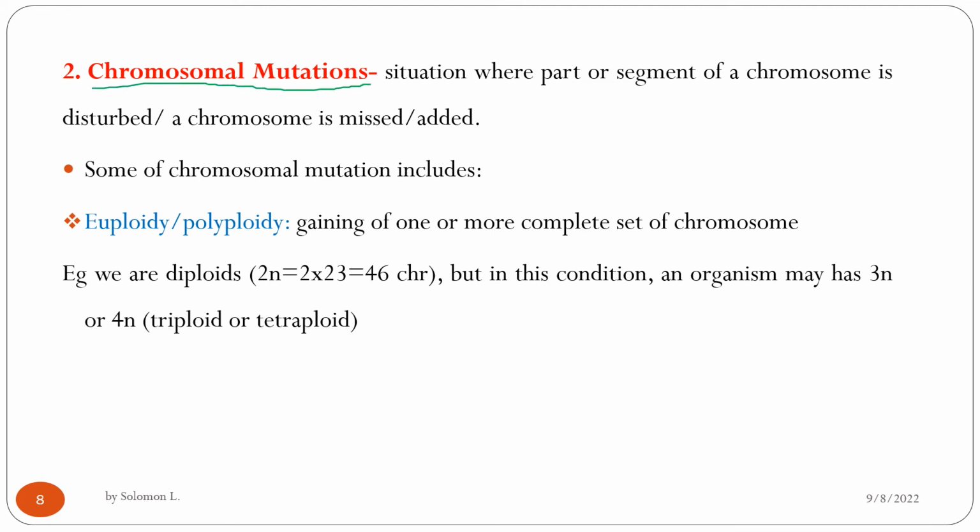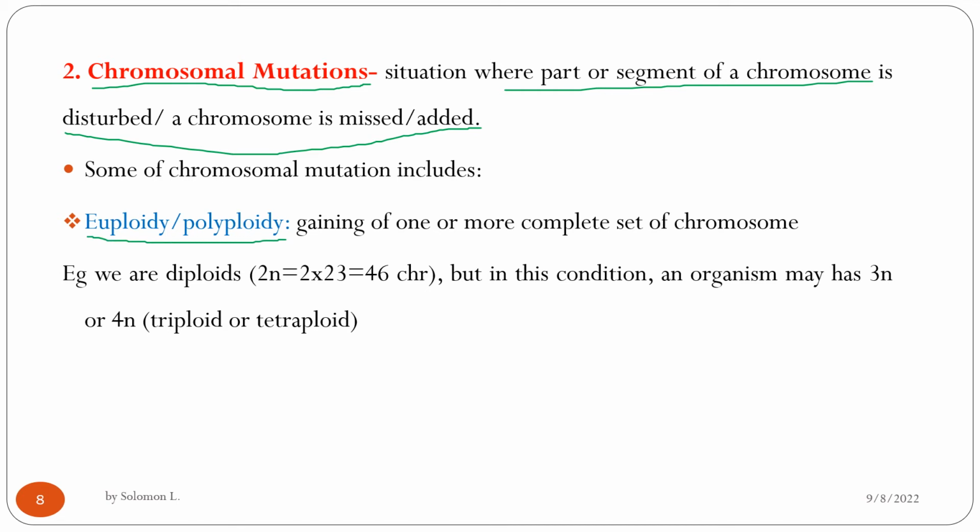Chromosomal mutations are another type of mutation, a situation where part or segment of a chromosome is disturbed or a chromosome is missed or added. So at this time, chromosomal mutation occurs. Some chromosomal mutations include euploidy or polyploidy.